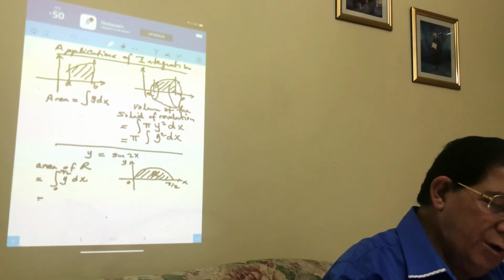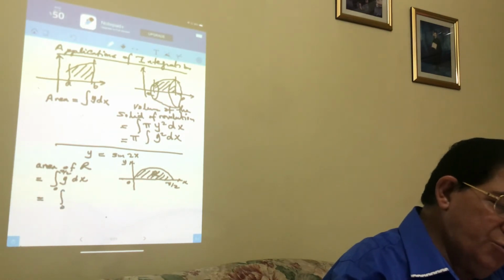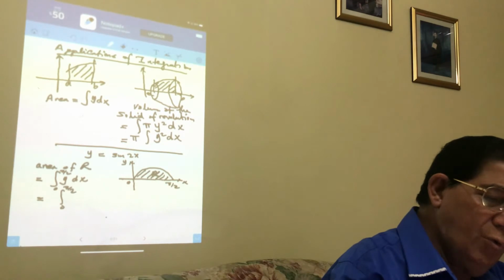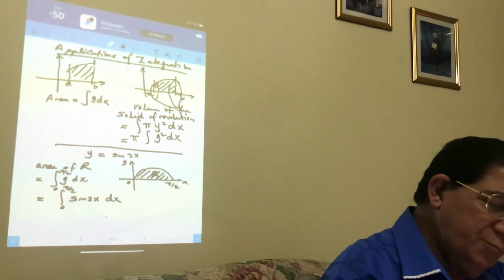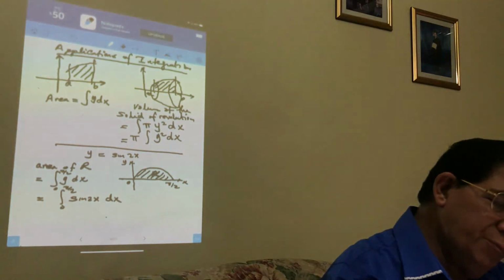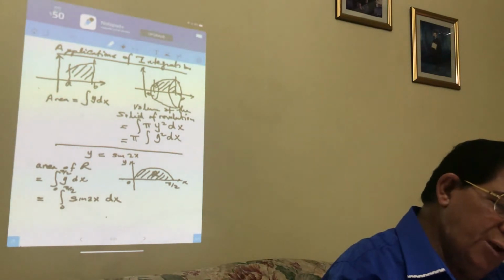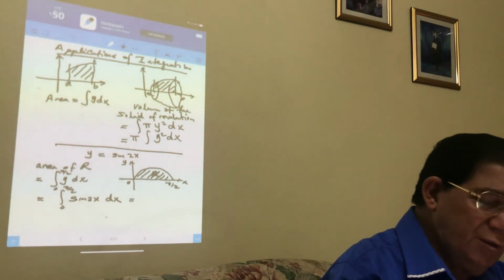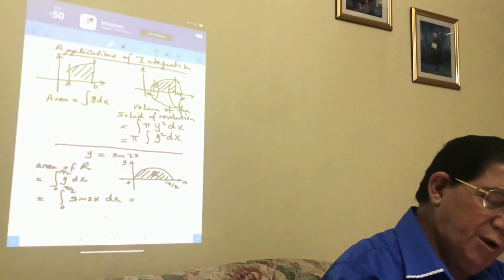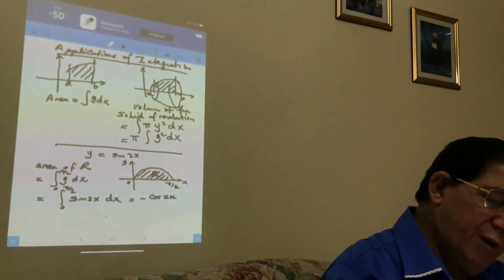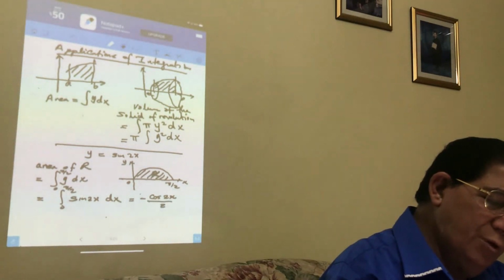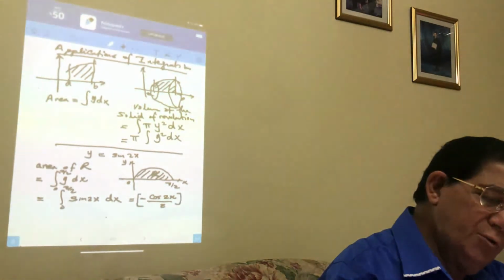Therefore, we integrate from 0 to pi over 2 of y, which is sine 2x, dx. Now, what is the integration of sine 2x? The integration of sine is negative cosine, so negative cosine 2x, and we divide by the number in front of x, which is 2. And we put the limits from 0 to pi over 2.